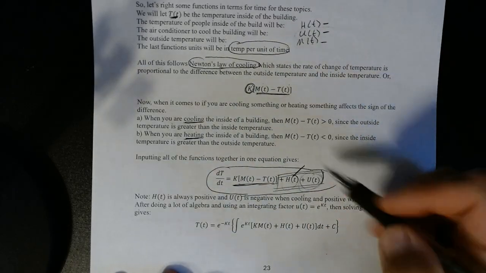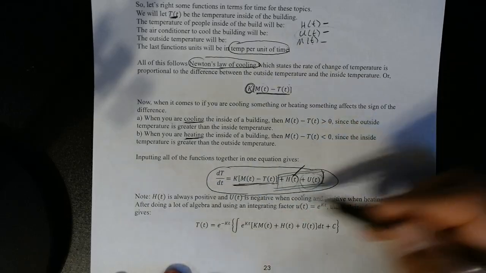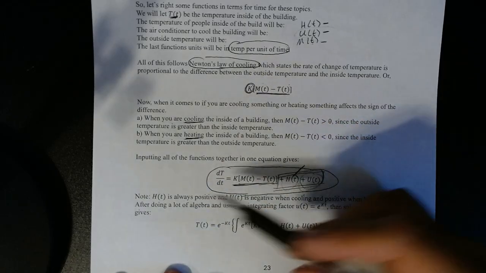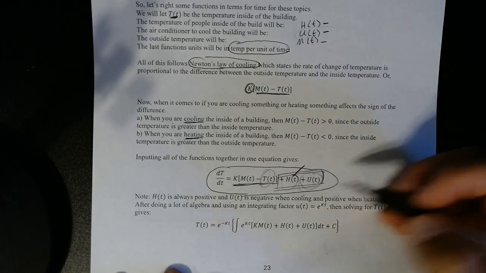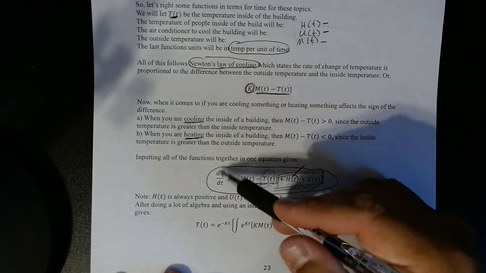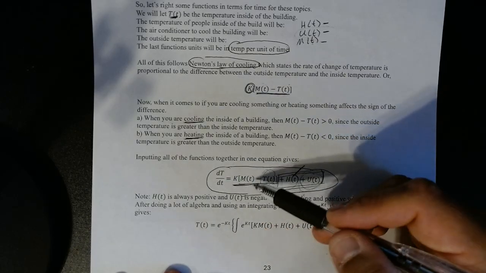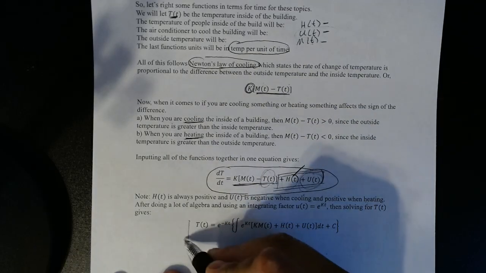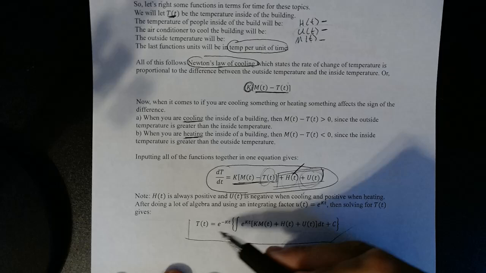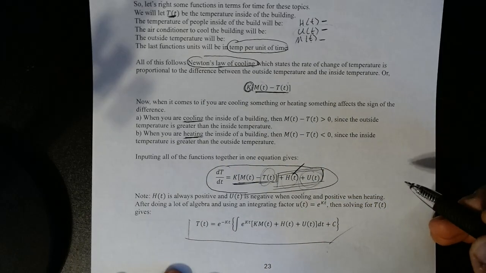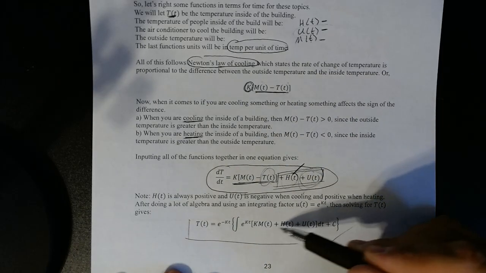Now, doing a lot of algebra, we essentially want to solve for T of t. Taking the separation of variables and all the fun stuff, we get this equation right here. It's e raised to the kt times the integral of e all of this.